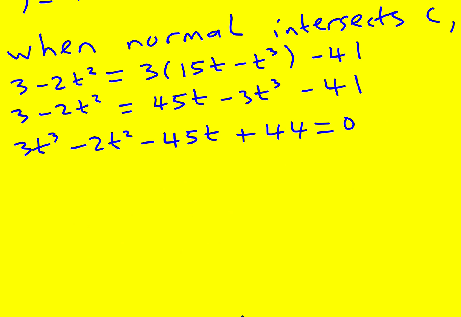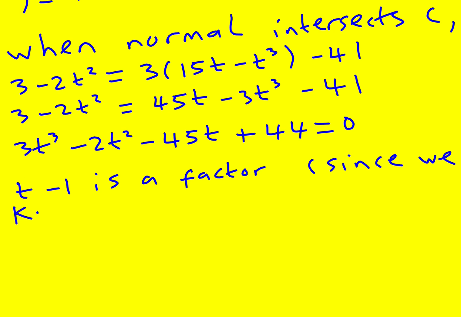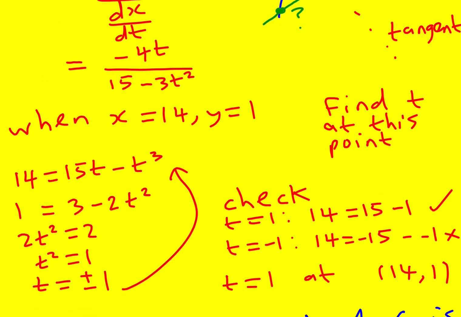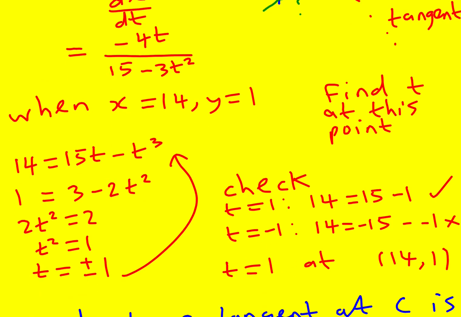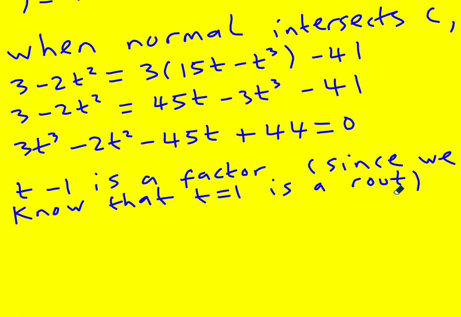Not a very nice cubic, but here's the thing. t minus 1 is a factor since we know that t equals 1 is a root. We already know a point at which C intersects the normal. We did that earlier, remember, so t is equal to 1. We use the factor theorem to get that t minus 1 is a factor.